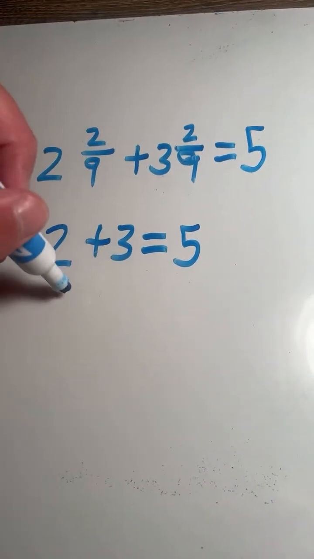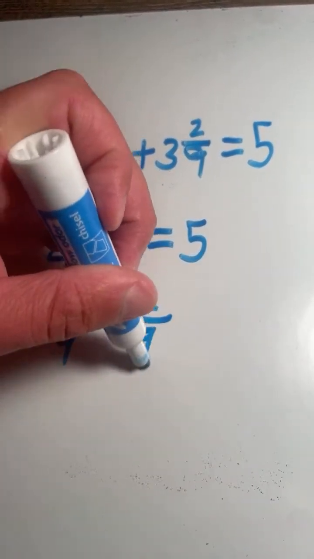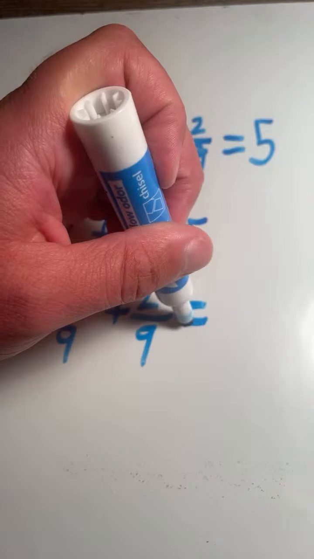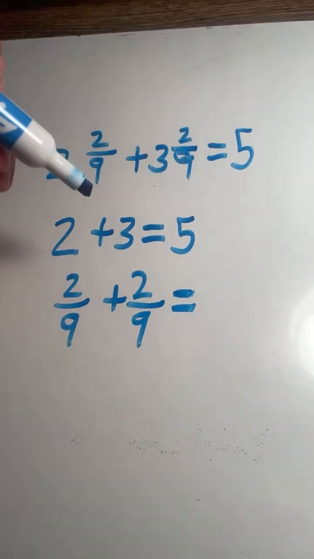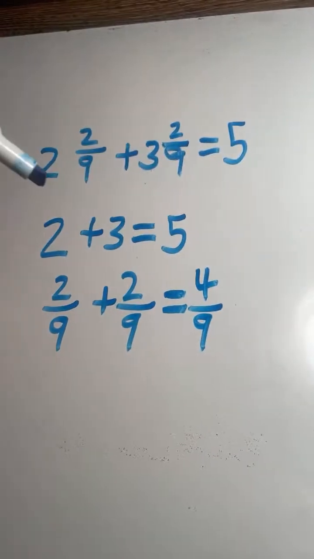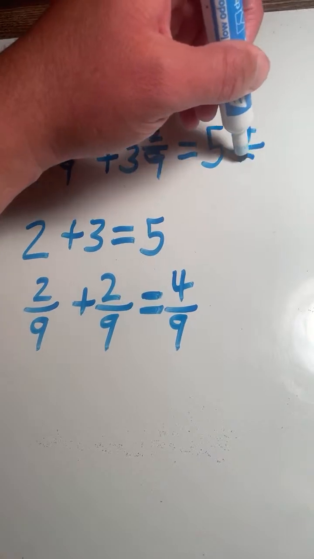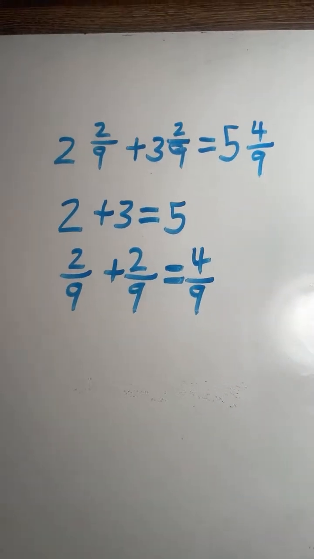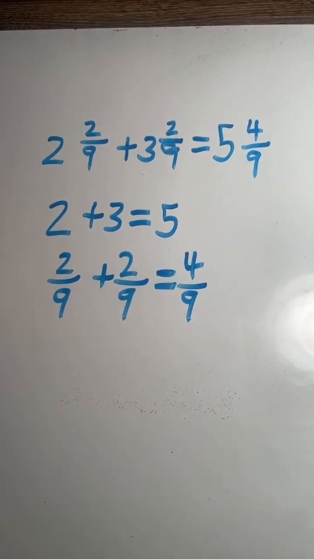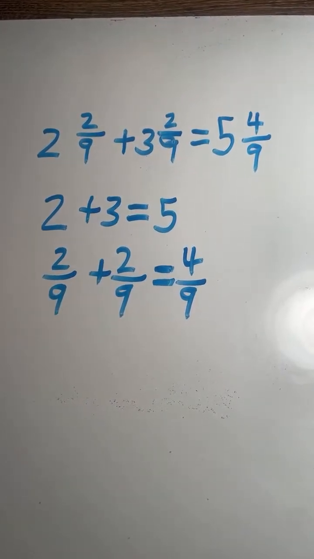Next, we add our fractions. 2/9 plus 2/9 equals 4/9. So we have our final answer. 2 and 2/9 plus 3 and 2/9 equals 5 and 4/9.